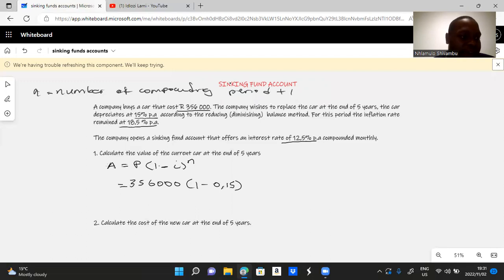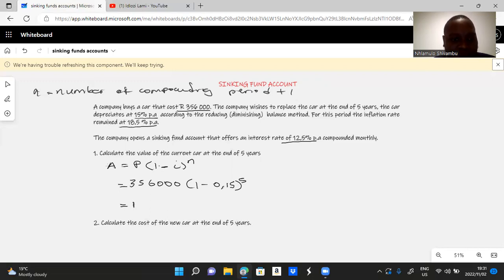So n is the number of years. Here, the number of years is 5 years. So we say to the power 5, and then we check the value of the car. The value of the car after 5 years has to be less than 356,000, and the reason it has to be less is because the car will depreciate or lose value.